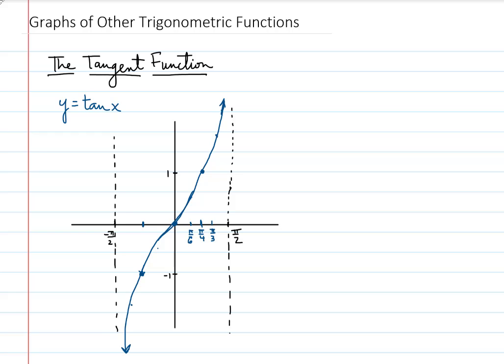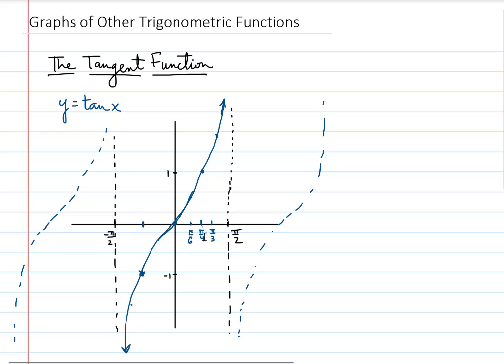Now, of course, all of these trig functions are periodic, so if you keep going to the left or to the right of these asymptotes, you're going to be repeating the same cycle. So you're going to get another one this way, and another one this way, and so forth forever and ever. So you're going to have asymptotes every pi.